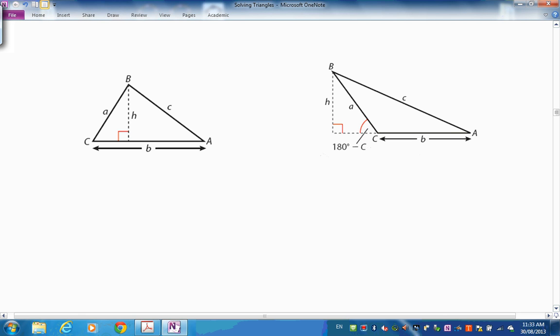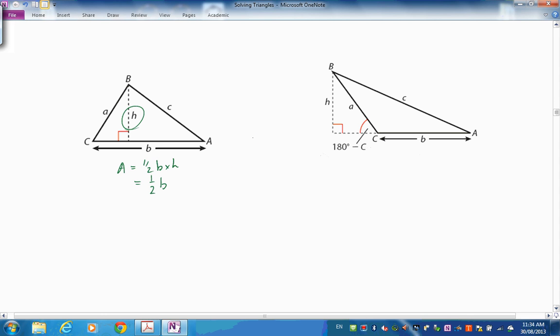So I'm going to see if we can do it. We know that the area over here is a half B times H. Now B's all right, that's given. But can we work out an expression for the H so we don't have to draw it in? Well, I think we can.